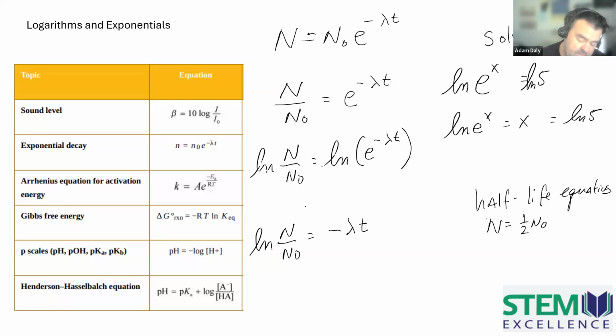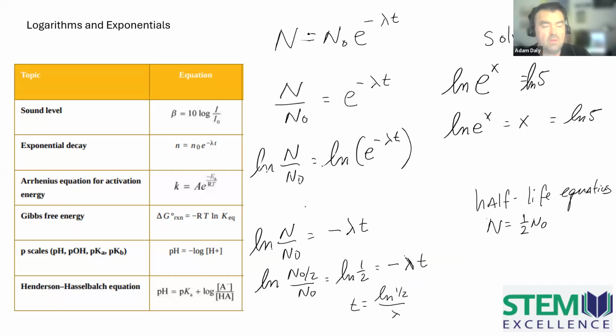And so that would be the ln of N0 over 2 divided by N0, which equals the ln of 1/2, which equals minus lambda t, or that t is equal to the ln of 1/2 over lambda, the minus sign. Okay, so being able to work with the natural logarithm and the logarithm is very useful.